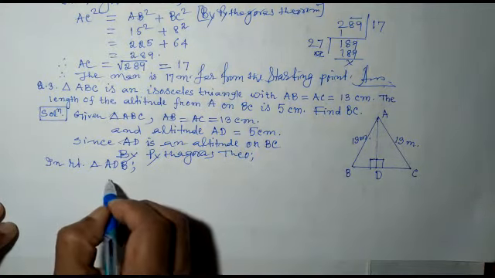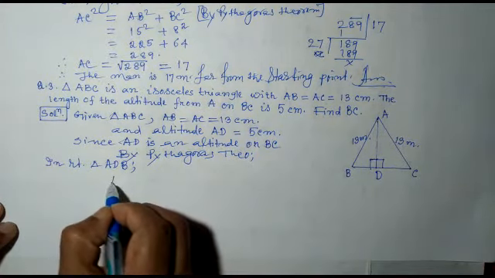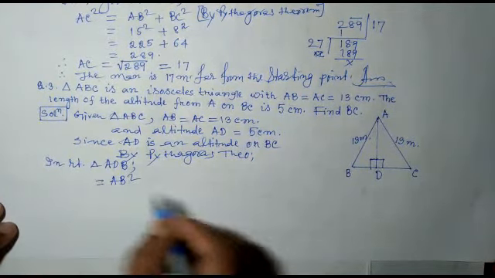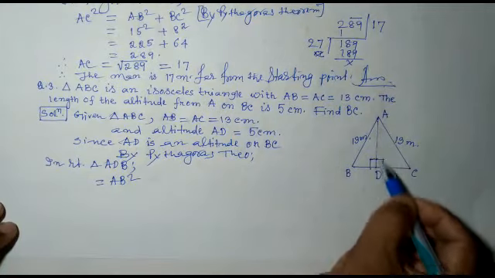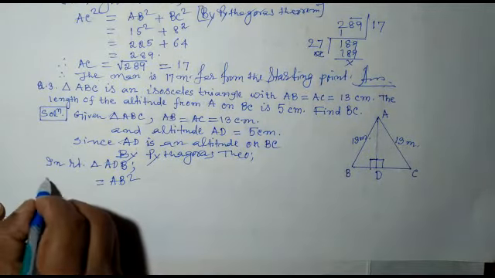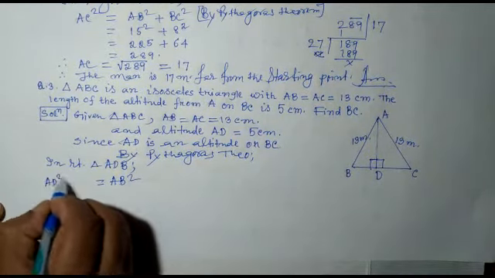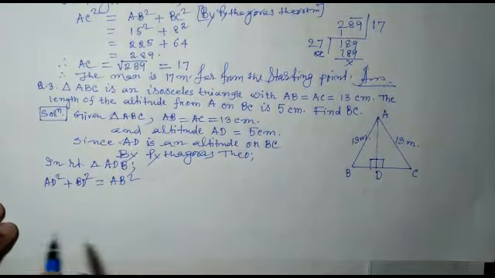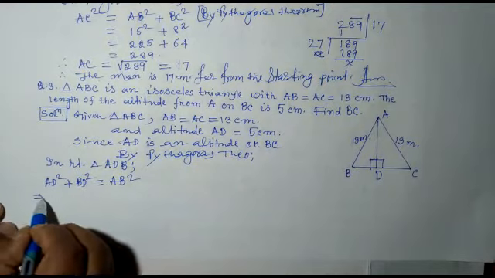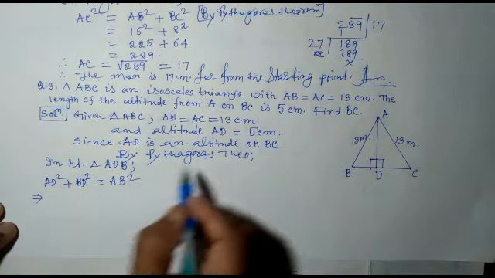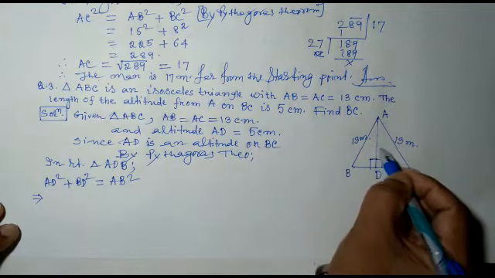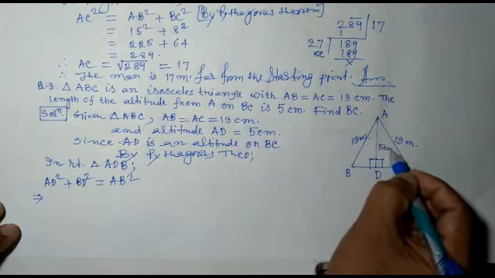So we can write square of hypotenuse AB square is equal to AD square plus BD square. By Pythagoras theorem, AD value is given 5 centimeter.